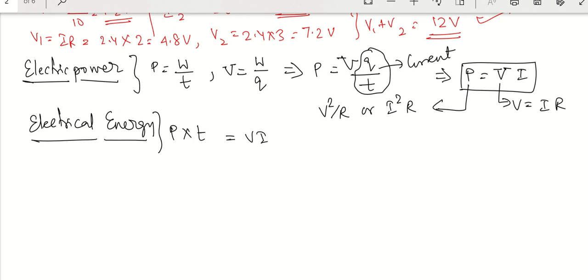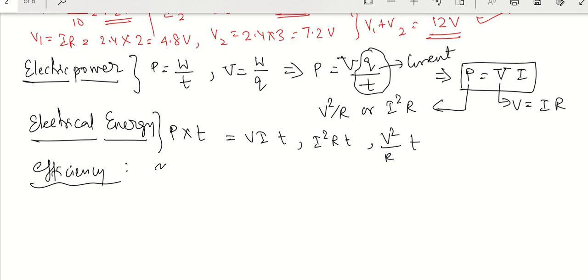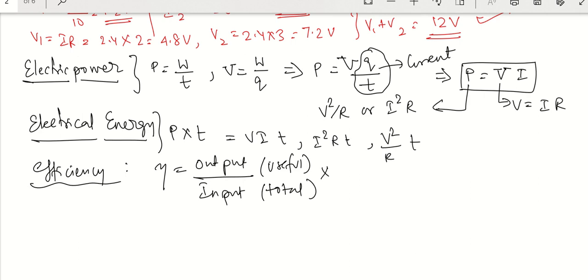So if power is VI, then energy is VIT, or it can be I square RT, or it can be V square by R into T. So any one of these can be used. And my efficiency in this electrical case is again the same. It is output, which is useful, by input, which is total, into 100.